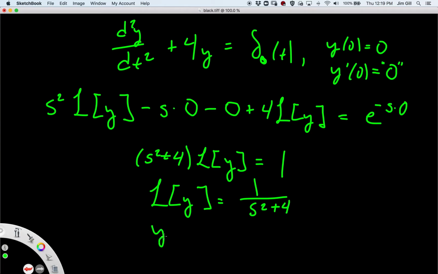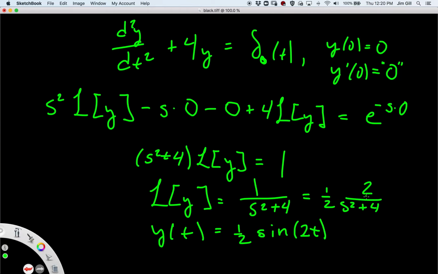And so y of t, which is 1/2 times 2 divided by s squared plus 4, so that means that the inverse Laplace transform now is going to be y of t is 1/2 sine of 2t.